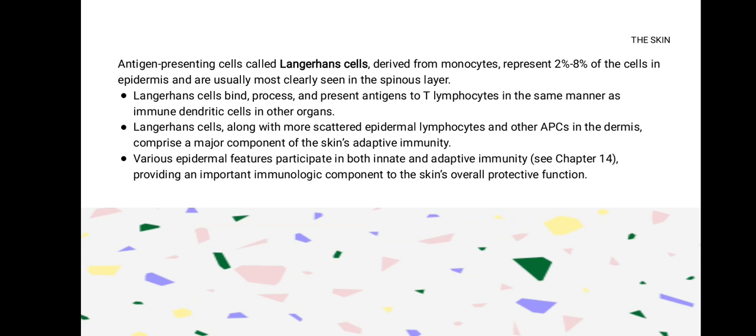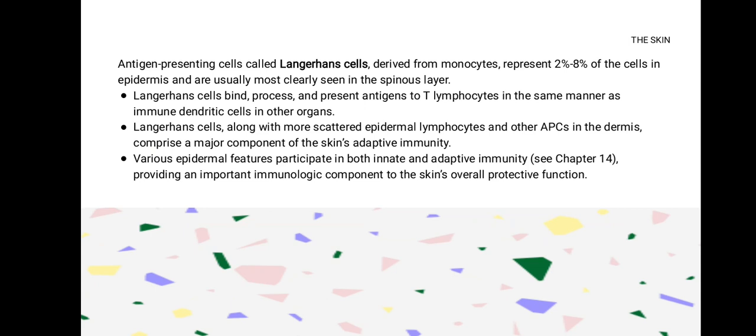Langerhans cells bind, process, and present antigens to T lymphocytes in the same manner as immune dendritic cells in other organs. Along with more scattered epidermal lymphocytes and other antigen-presenting cells in the dermis, they comprise a major component of the skin's adaptive immunity.